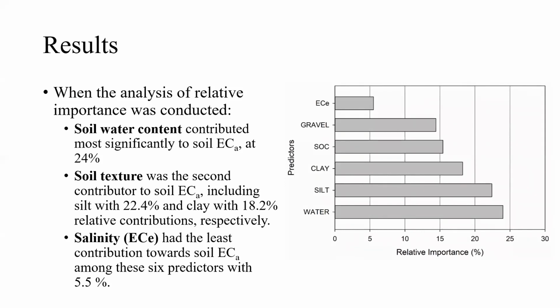And the soil salinity, ECe, had the least contribution towards soil ECa among these 6 predictors with only 5.5%.